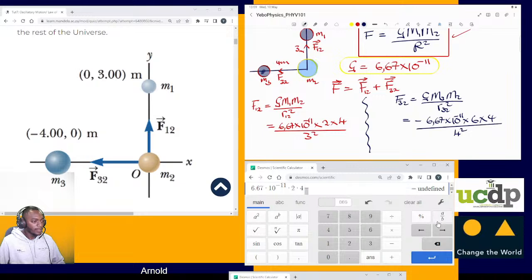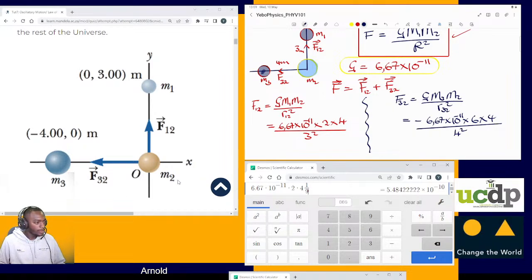Then we divide that by 1 over 9. Okay, so we'll get 5 point.